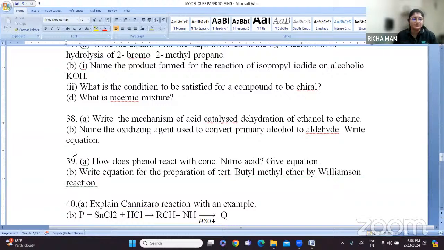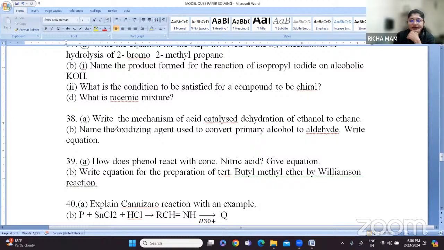Write the equation. For this question, there are 4 marks and 1 mark. What are the steps of the mechanism? First is the formation of protonated alcohol. You know that.